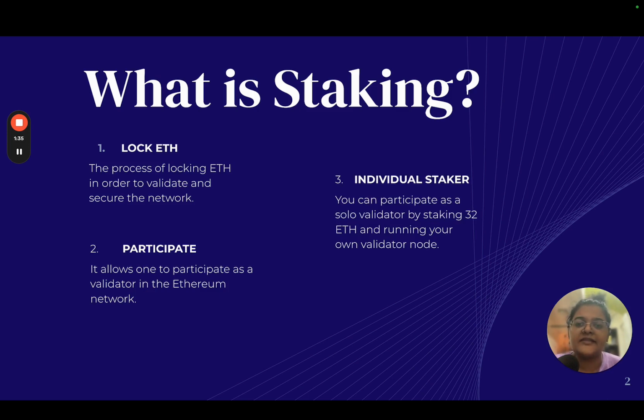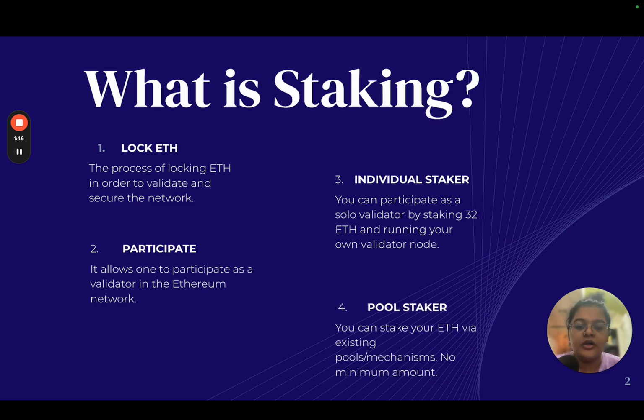You can do that as an individual staker, because Ethereum is a proof of stake protocol. So you can participate as a validator by staking 32 ETH and running your own validator node. Or you could participate in the validation mechanism, but not as a solo validator, instead giving it to different pools where you can maybe stake 3 ETH, 4 ETH, 1 ETH, whatever you have.